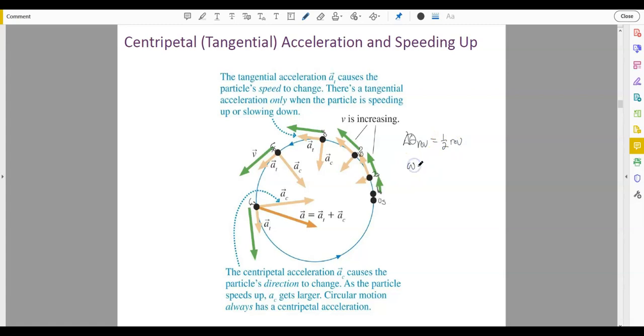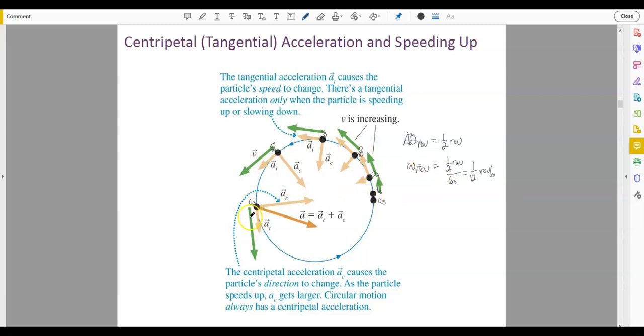And it looks like it's doing about a half revolution in 6 seconds, which is going to be 1/12 of a revolution per second. Okay? So that looks like what's happening here, right?